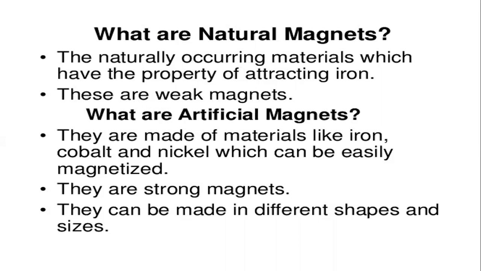Next one is artificial magnets. They are made of materials like iron, copper, and nickel, which can be easily magnetized. So they are strong magnets. They can be made in different shapes and sizes.